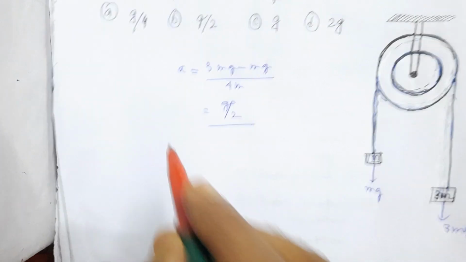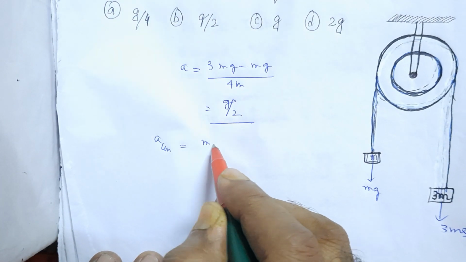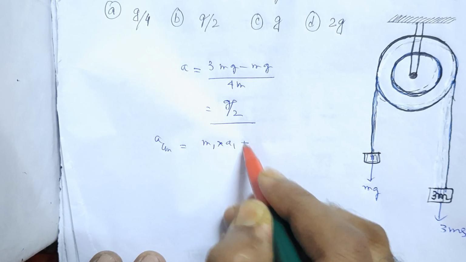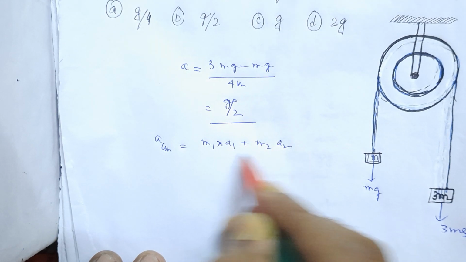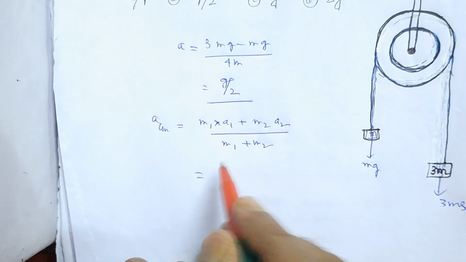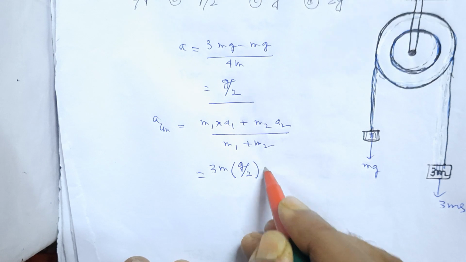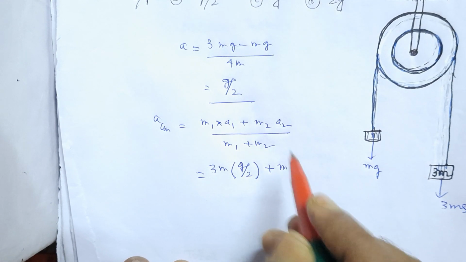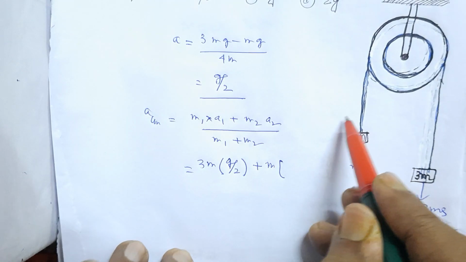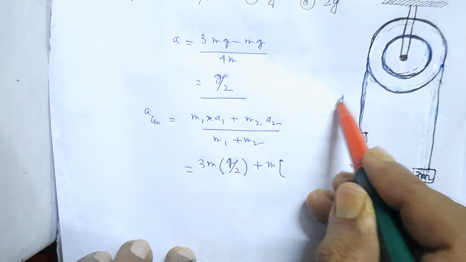Now ACM equals m1a1 plus m2a2 by m1 plus m2. m1 is 3m, a1 is g by 2, m2 is m. But here the motion is actually acceleration in the upward direction.